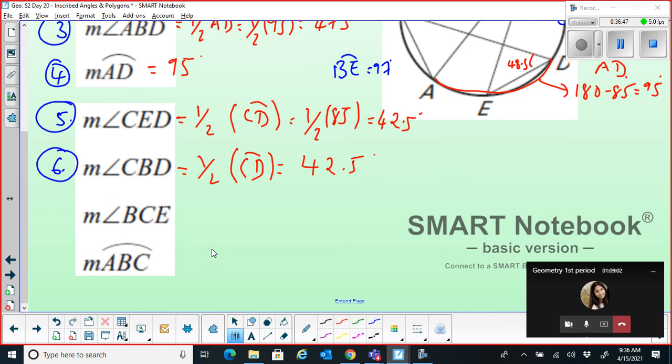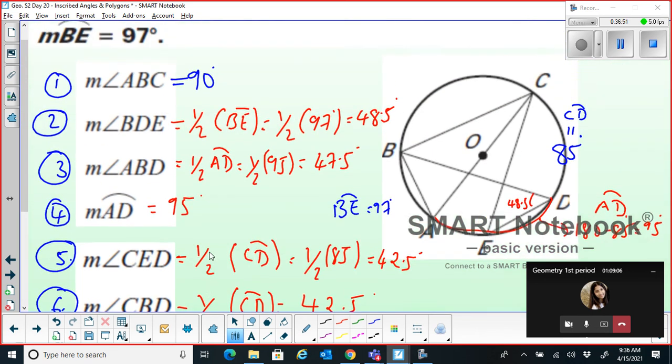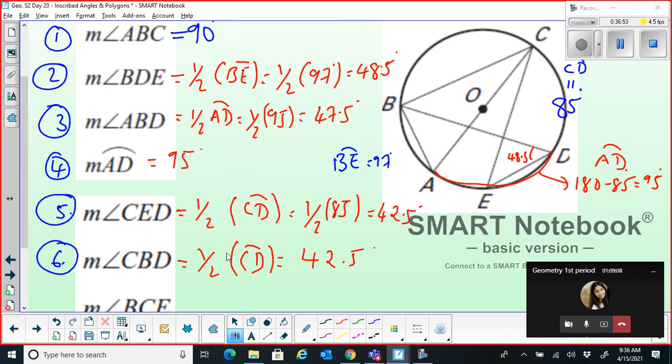Angle BCE and ABC. So they are asking next for BCE. They want this BCE. Do we have arc BE? Okay, let me list out whatever we have so that it becomes easy.